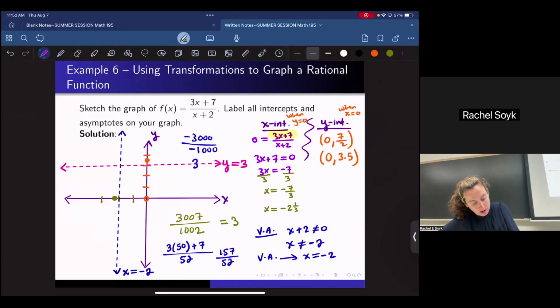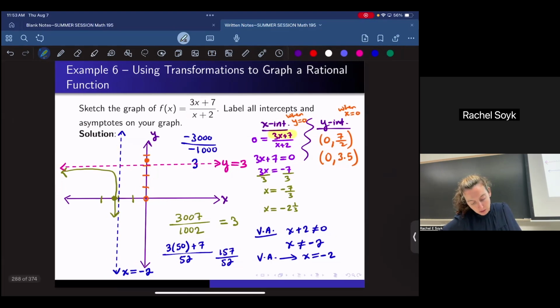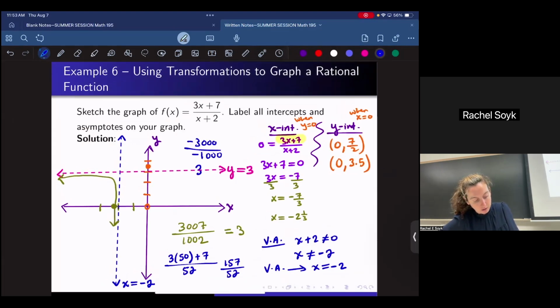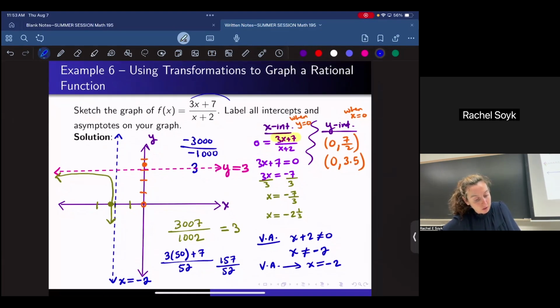So now what are we looking at? One graph there. And then our other graph is going to be, again, sketching it out. What do we know about this famous graph, right? This is very, very similar to our whole 1 over x.